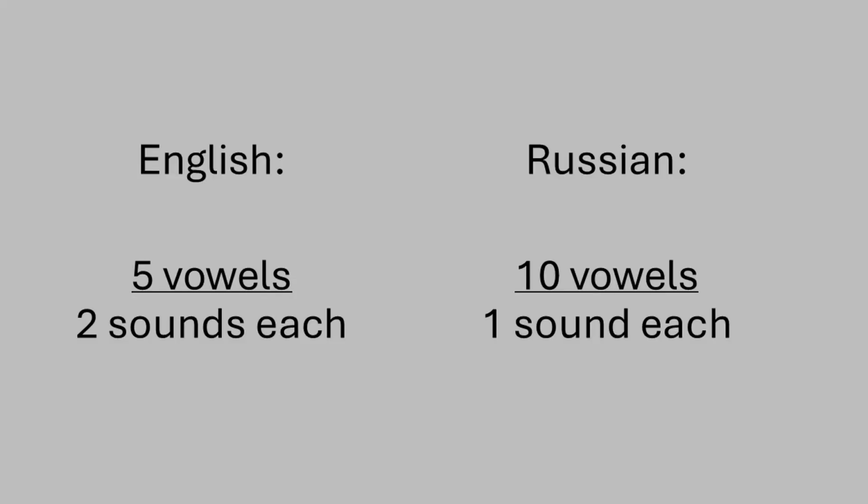And if they are different, still, each vowel has its own sound. Now, in Russian, instead of having 5 vowels with 2 sounds, it simply has 10 vowels, and whatever vowel you see is the vowel you pronounce.